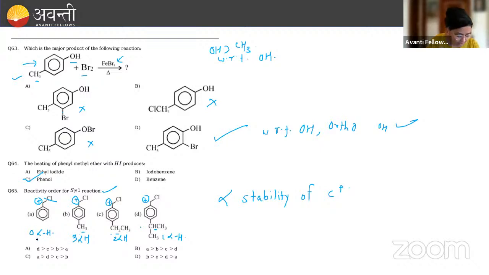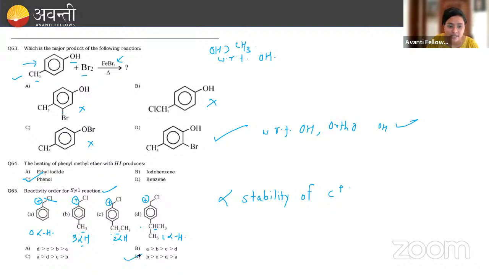As the alpha hydrogens are maximum, the stability of the given carbocation is maximum. Why? By the hyperconjugation effect, we can stabilize the positive charge present on the given methyl group. So B has 3 alpha hydrogen, that's why it is more stabilized as compared to C, D, and A.